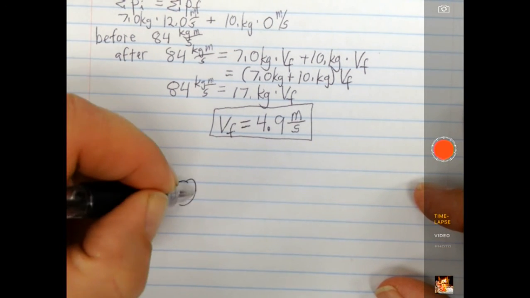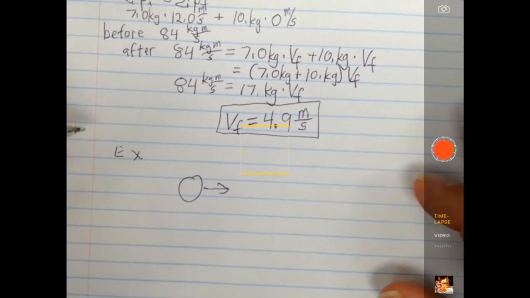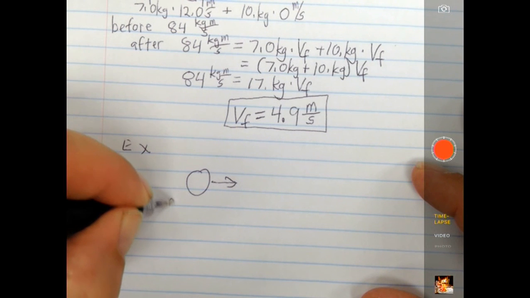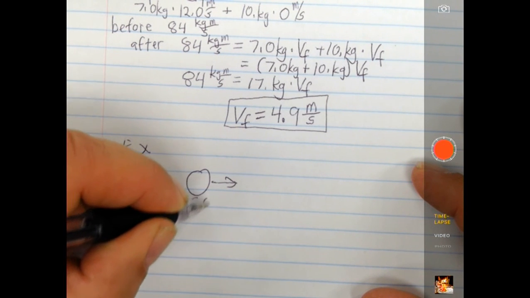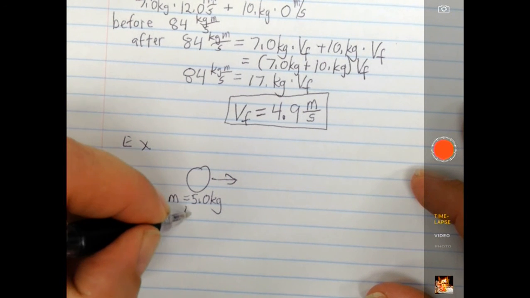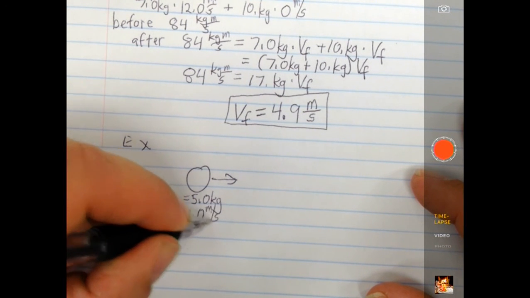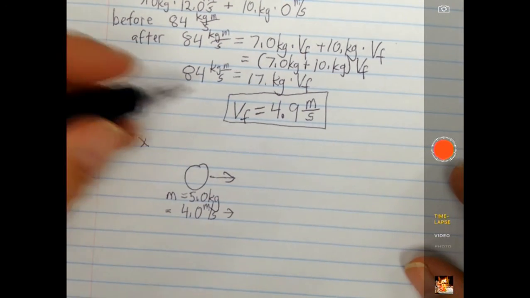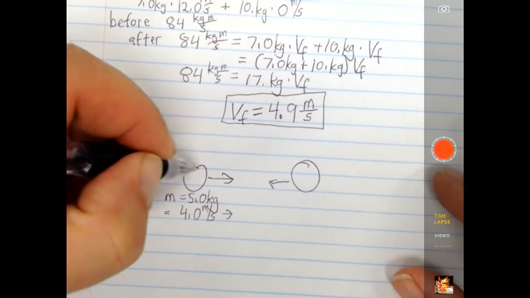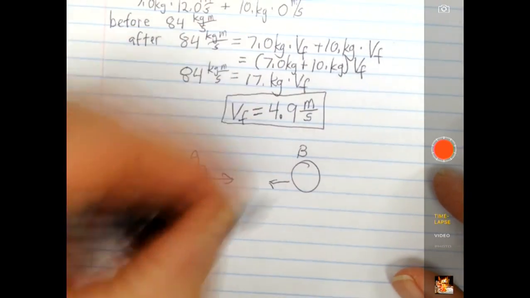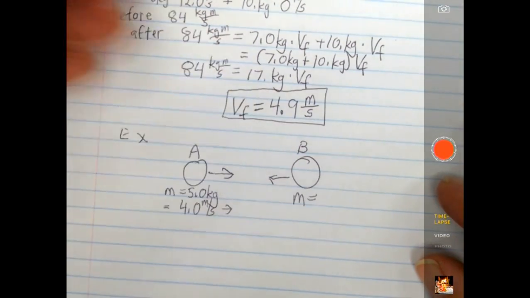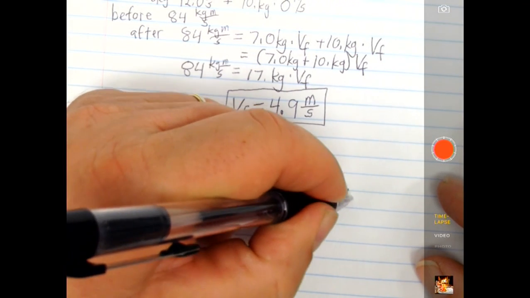Okay, here's our last example. I have a ball going to the right. It has a mass of 5 kilograms, and it's moving at 4 meters per second to the right. There's a ball moving to the left, and this one has a mass of 8 kilograms.